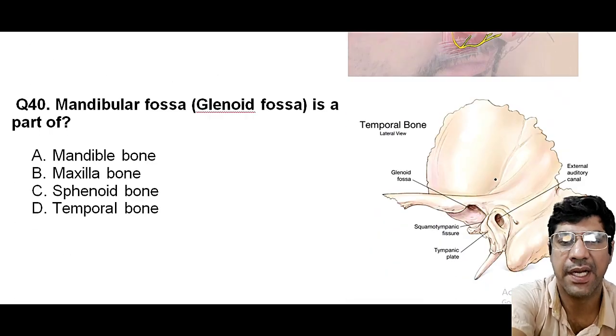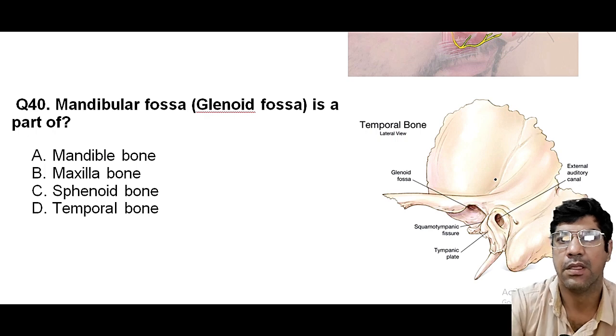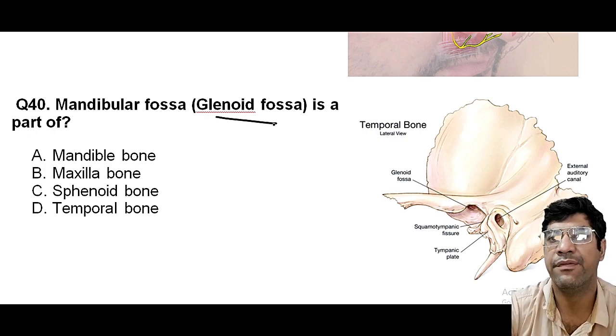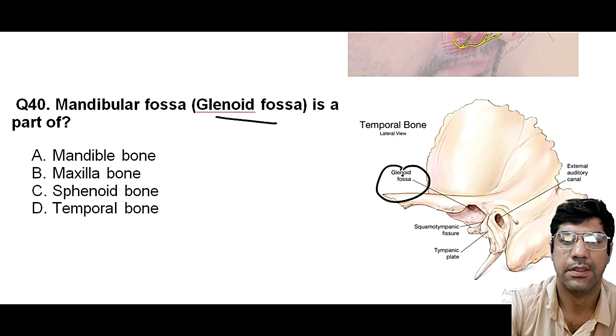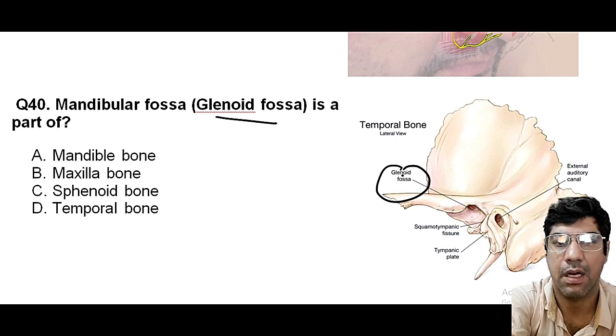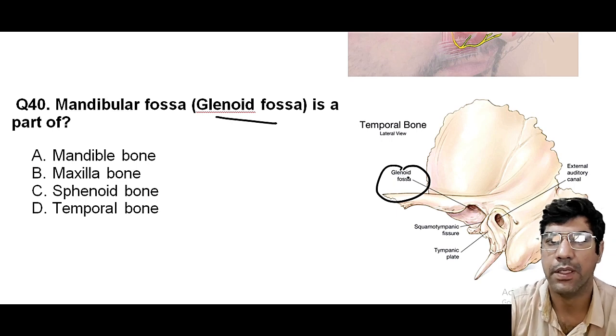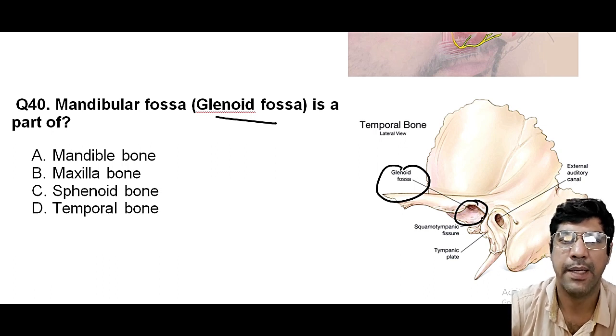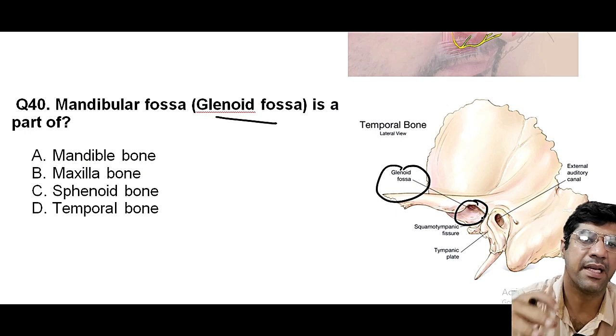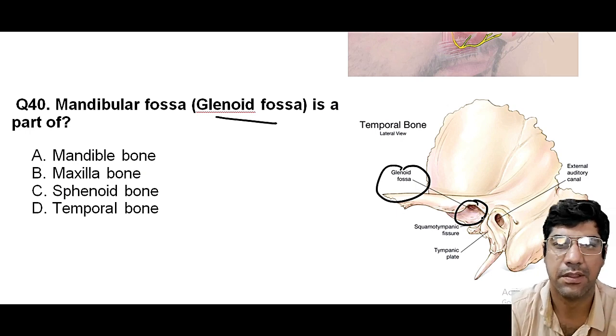The mandibular fossa is a part of the glenoid fossa. It is a part of the temporal bone. It is a concave depressed area of the temporal bone. The mandibular condyle will rest in the glenoid fossa.